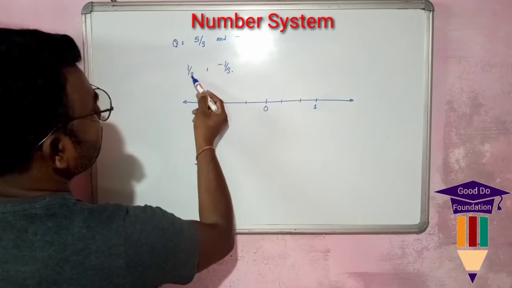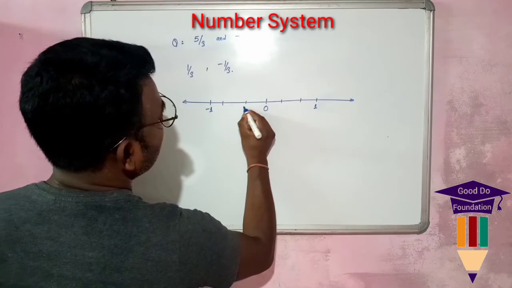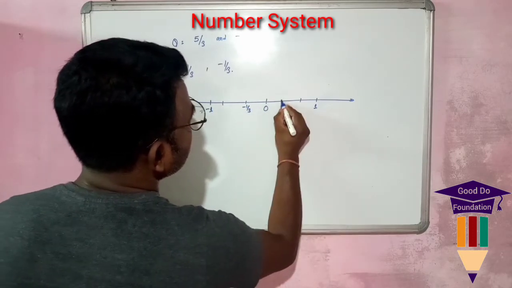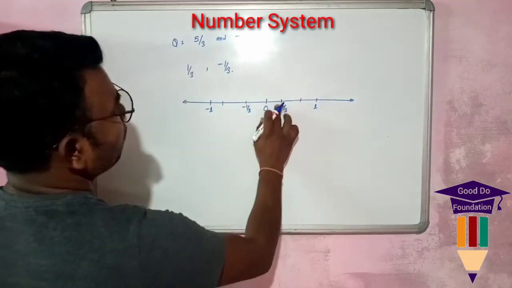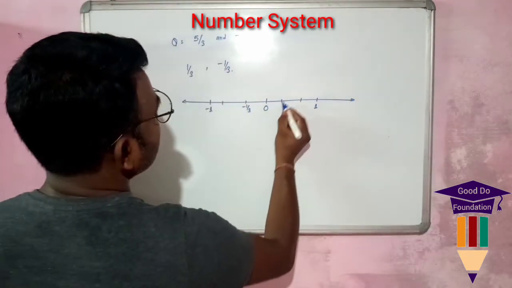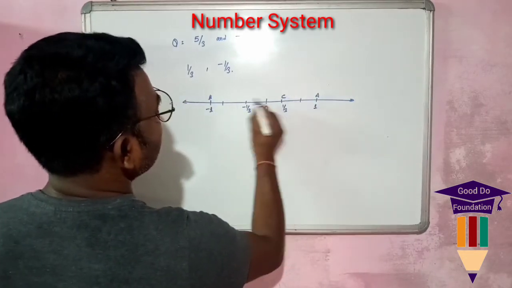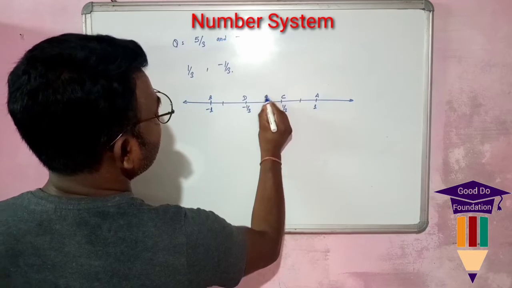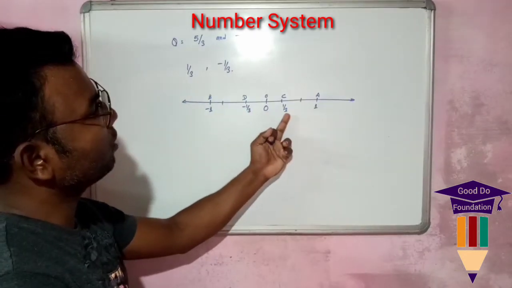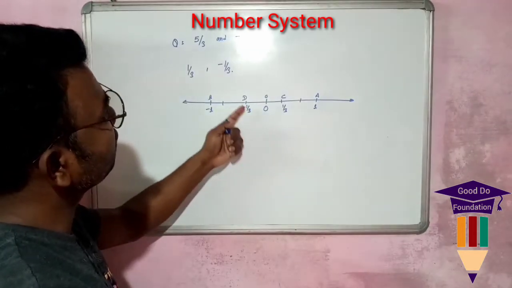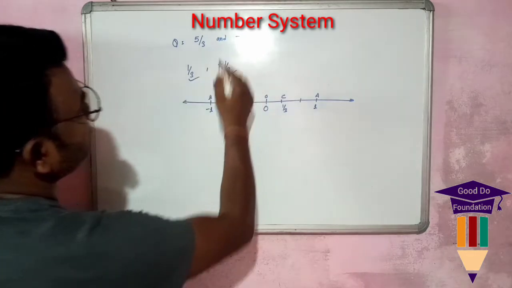Now, one part of the 3 parts, this side will be -1/3 and this side will be +1/3, or simply 1/3. I will name the positions. So the position C will be 1/3 and the position D will be -1/3. Now, this is very simple.